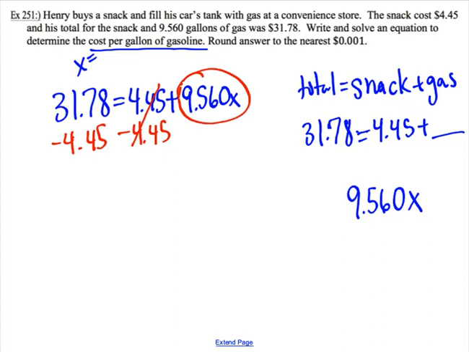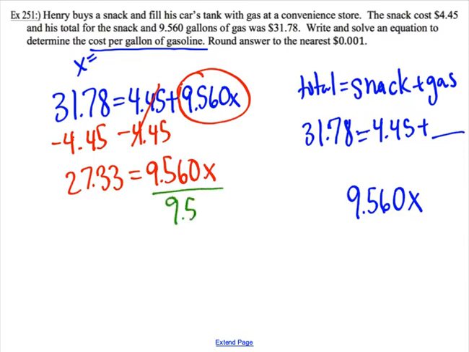So 31.78, we're going to subtract off 4.45, and that leaves us with $27.33 equal to 9.560, that looks like an 8, 9.560x. Next step is to get the variable term equal to 1. So we're going to divide by 9.560 on both sides.